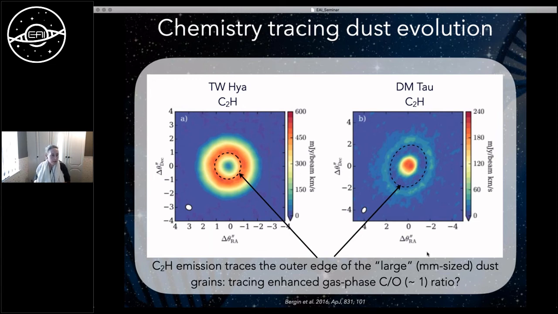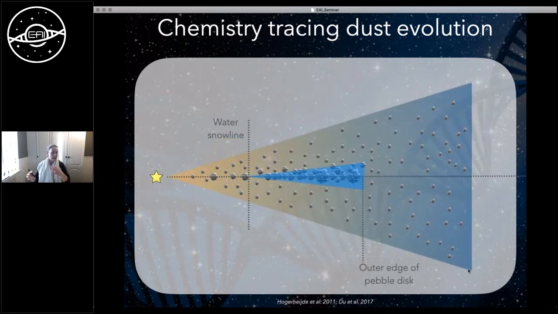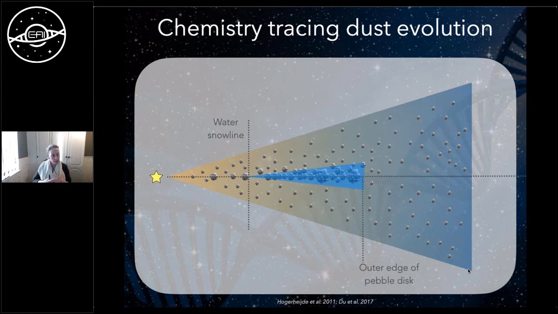So one of the theories for why this hydrocarbon, but other hydrocarbons as well, are quite bright in the outer disk, is that it's tracing a carbon-rich gas with a C/O ratio of 1 or even higher. And the reason for that is, again, coupled with this dust settling and drift phenomenon: those dust grains that we have in the outer disk are also coated in ices.